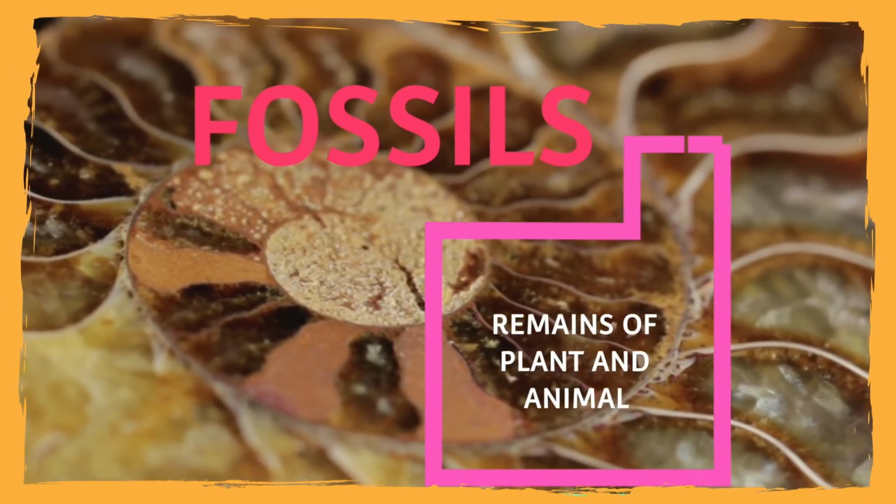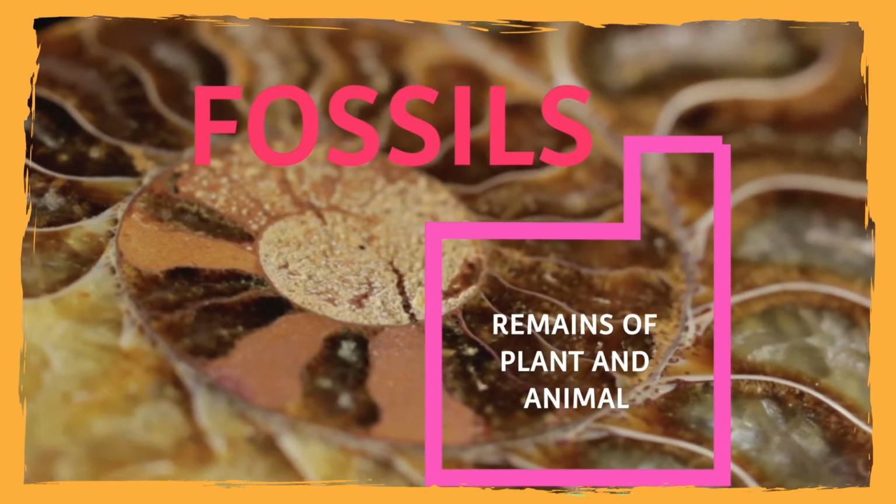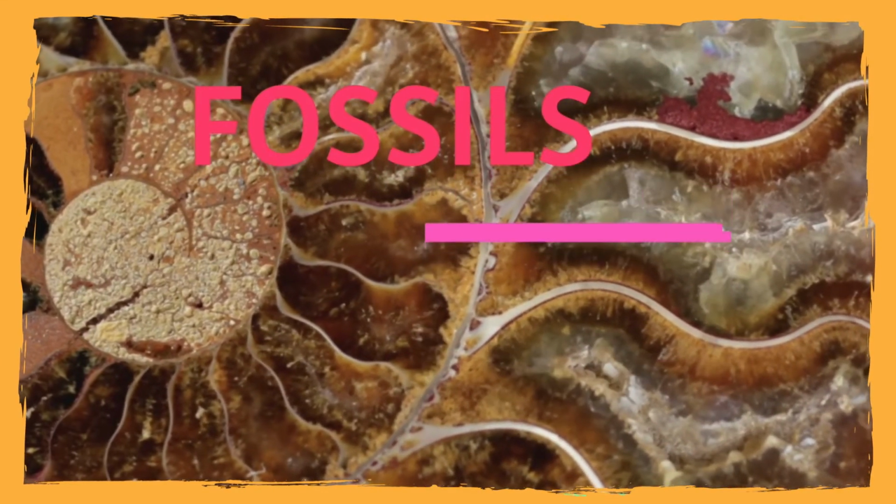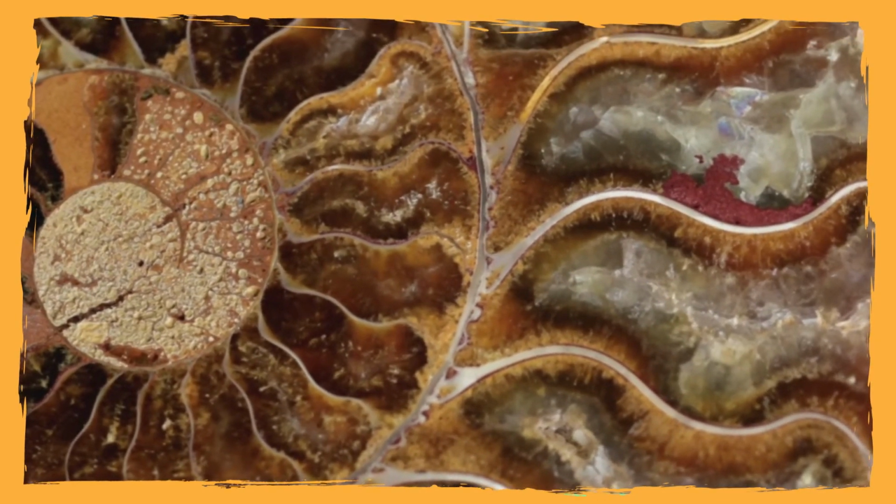Fossils are remains of plants or animals that lived in the past which are naturally preserved in the rocks. Common fossils are in the form of skeletons, shells, and leaves.